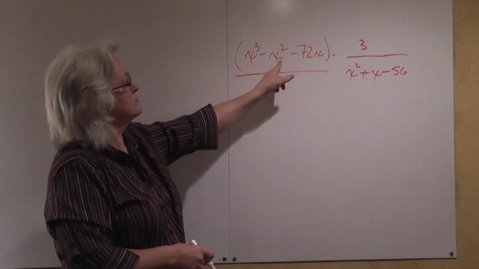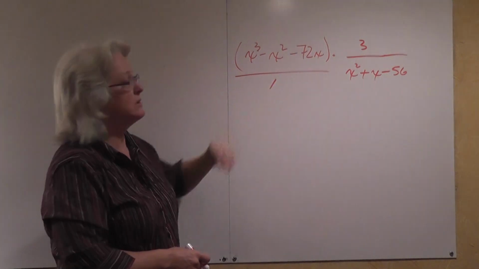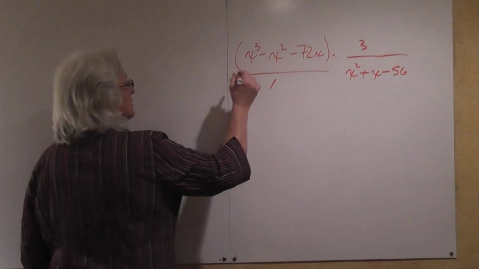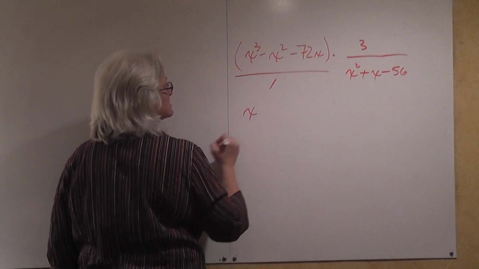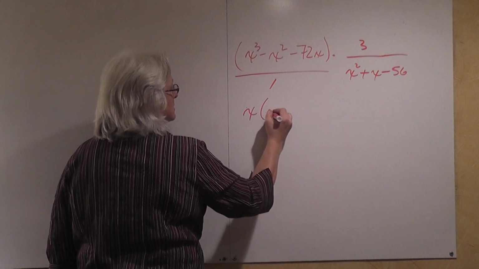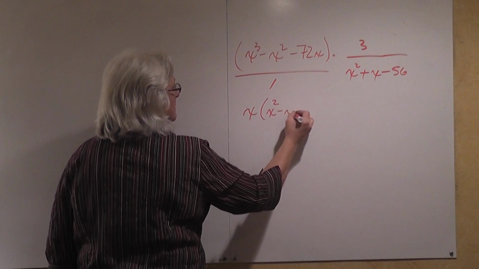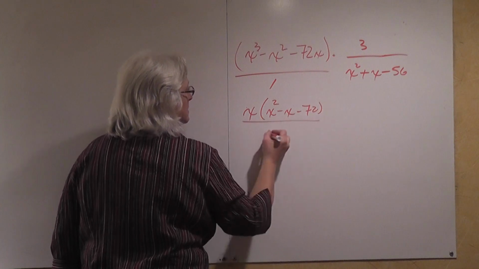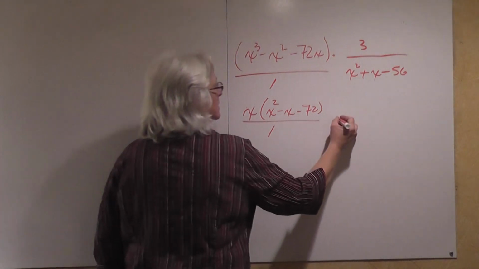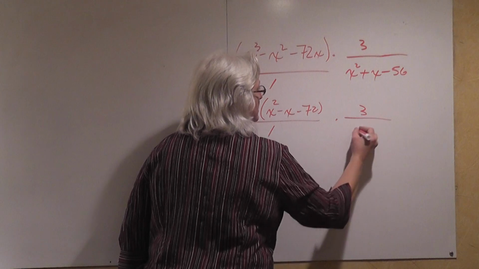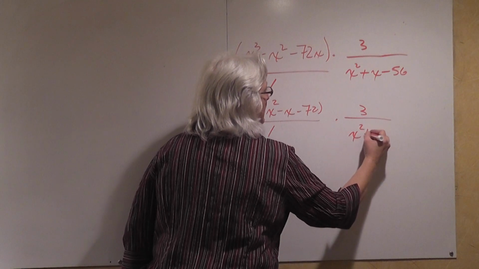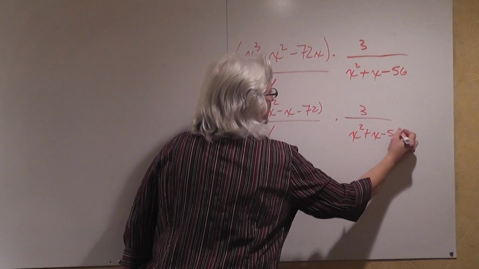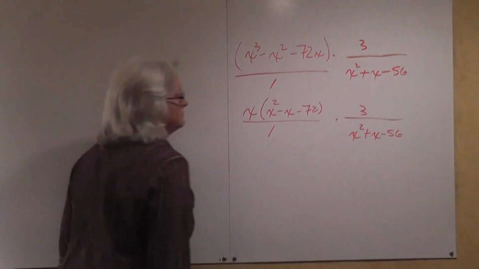Say x cubed, x squared, x. Do you see that we have a common monomial factor of x? And then we have x times x squared minus x minus 72 divided by 1 times 3 over, let me just go ahead and not factor that denominator yet.